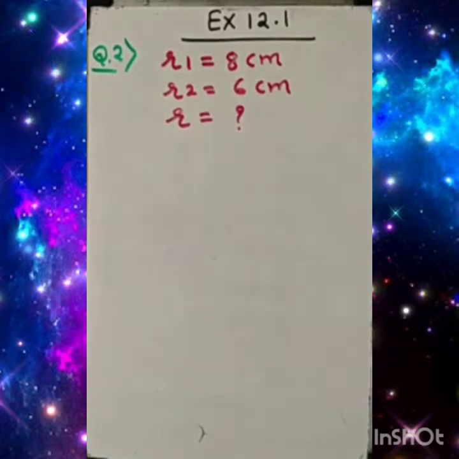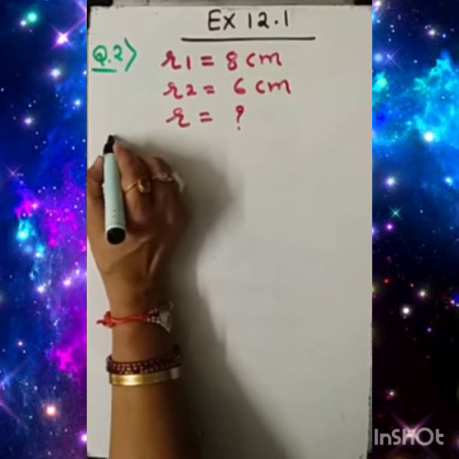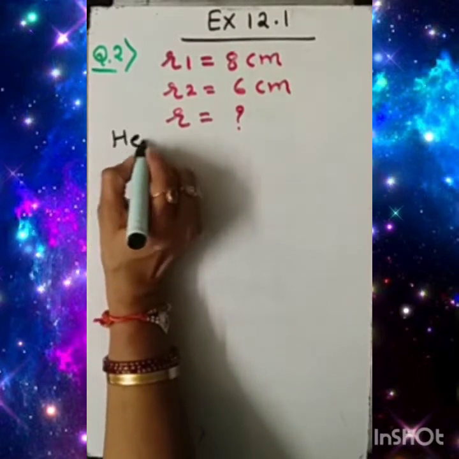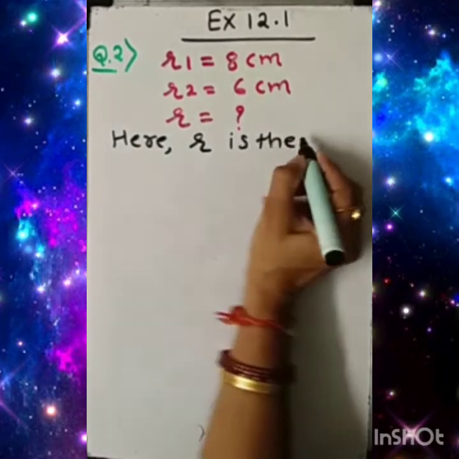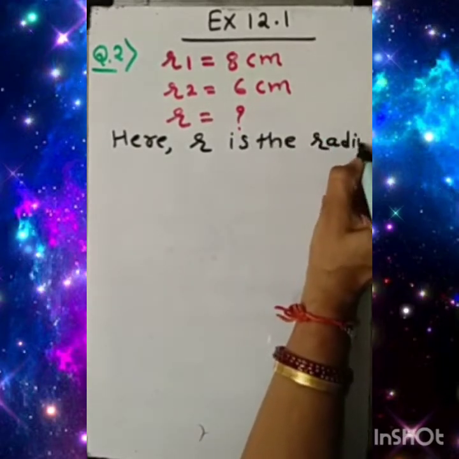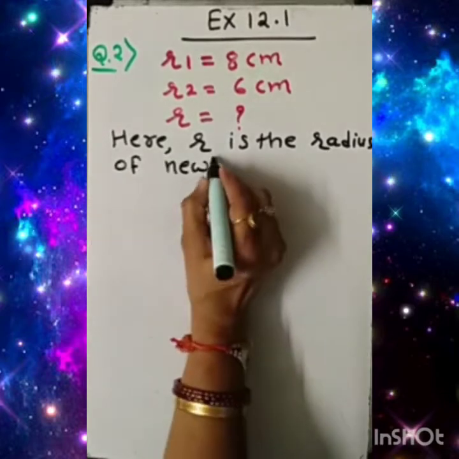Okay, so what is r here? r is the radius of the newly formed circle. If you mention it here, then also it's well and good.